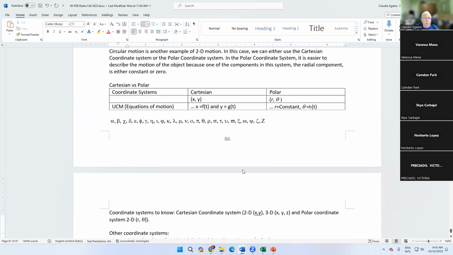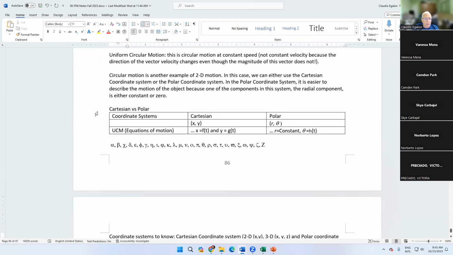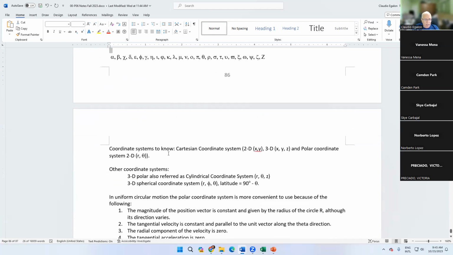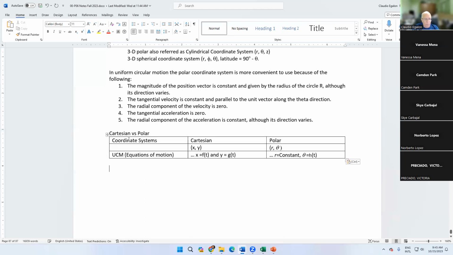So let's compare one with the other: uniform circular motion in Cartesian versus polar coordinates.